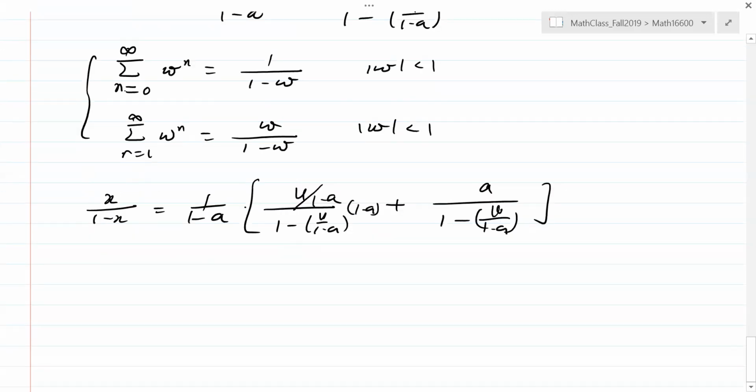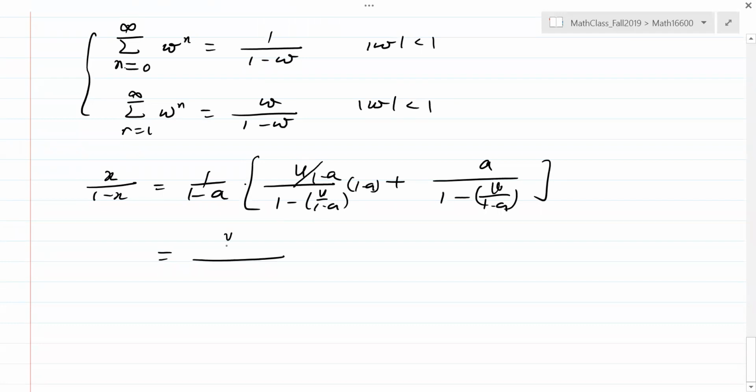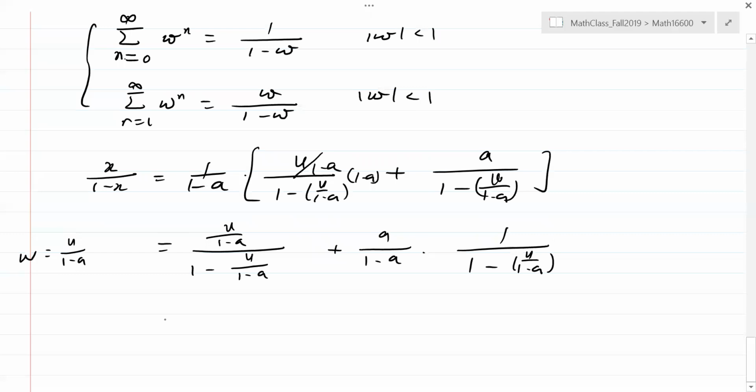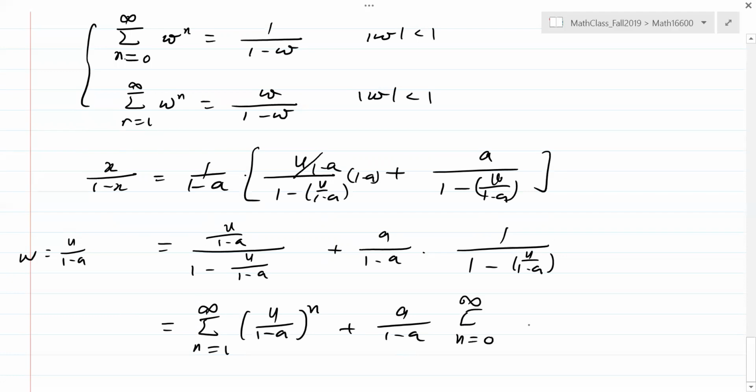So what I get here is u over 1 minus A, and here I take a constant out. Using the above formula, w here is going to be u over 1 minus A. The first one gives you n starting from 1, and the second one starts from 0.